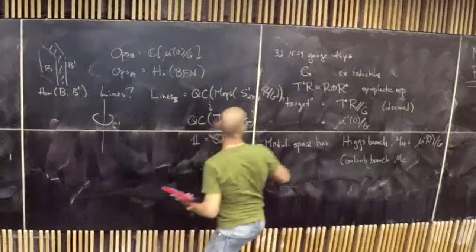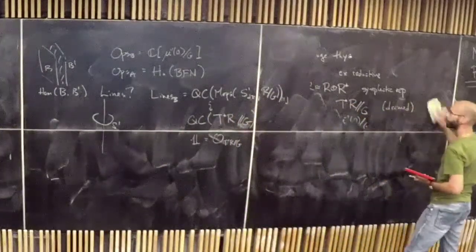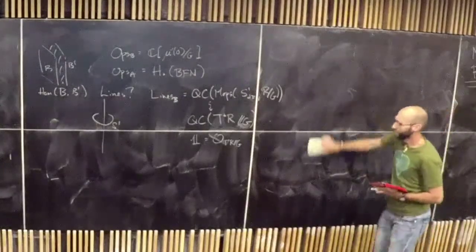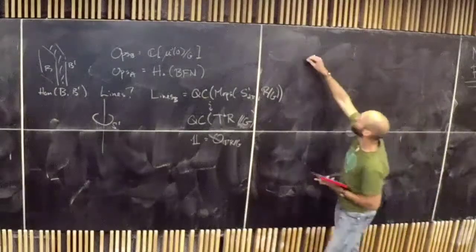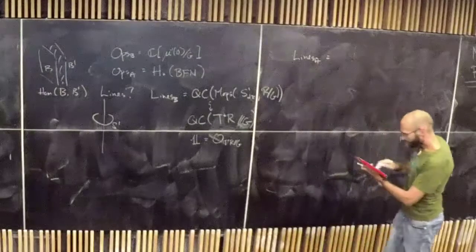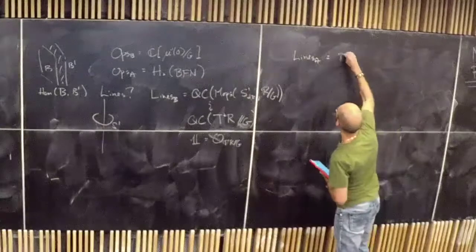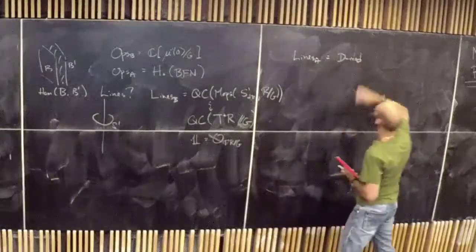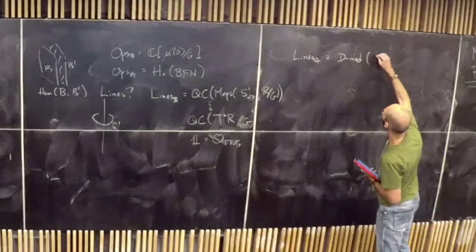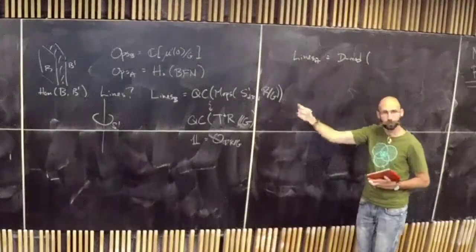On the A side, the category of lines gets expressed as what you would want: D-modules on the loop space of R modulo the loop group.